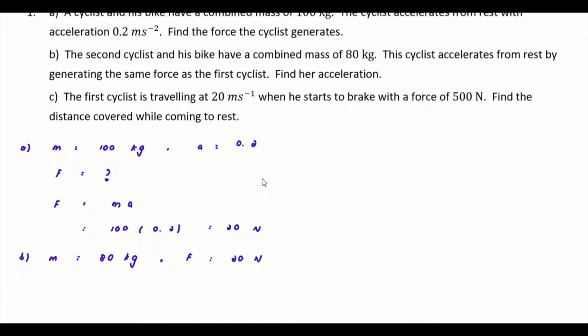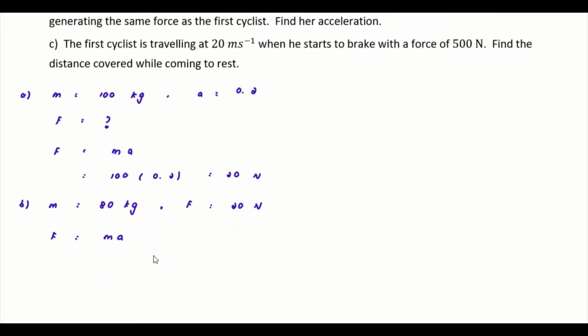How are we going to do that? Same thing, F equal to ma. Substituting our values here, 20 will be equal to the mass, 80, times a. From here we get a equal to 0.25 meters per second squared. I think that's pretty straightforward.